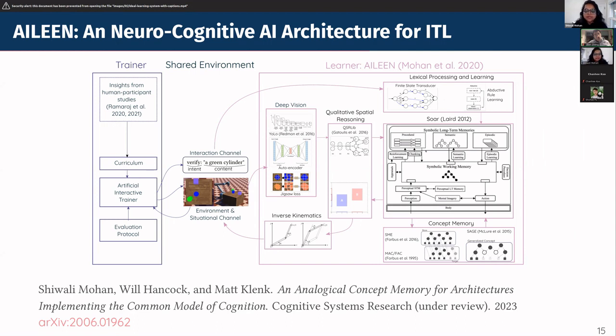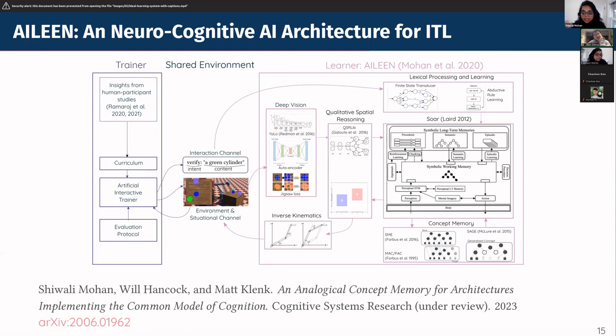Then the remainder of the system is looking at, okay, what does green mean, right? And it's looking up its concept memory, which is built with structure mapping engine and Sage. It's trying to think, have I experienced green before? Let me try to look up that experience and let me see if that experience matches what I'm seeing.